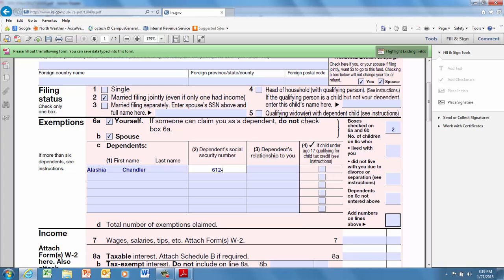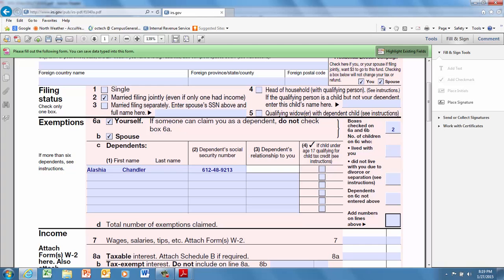Now here I have to put in the dash as I go along. We also, oops, forgot my other dash. Okay, I'm also going to double, triple, quadruple check this Social Security number. If it doesn't match this name in the Social Security Administration computer, then this whole return's going to get rejected.